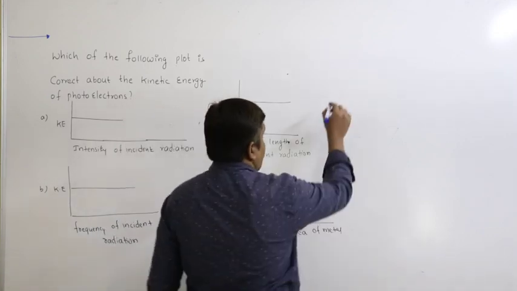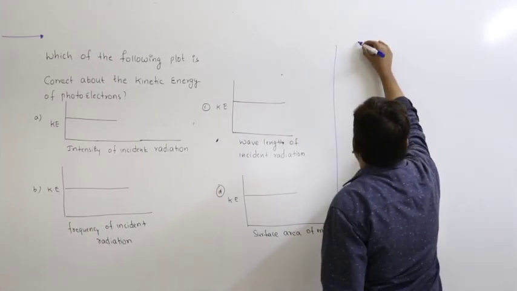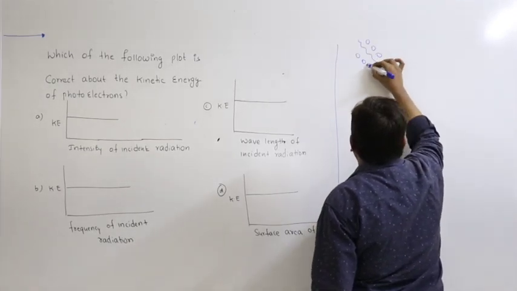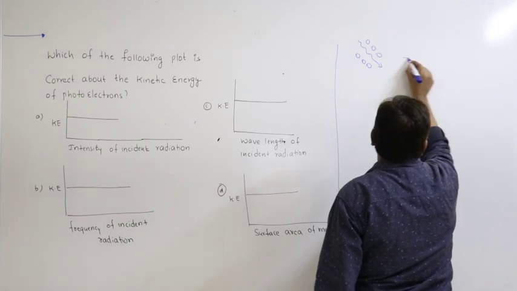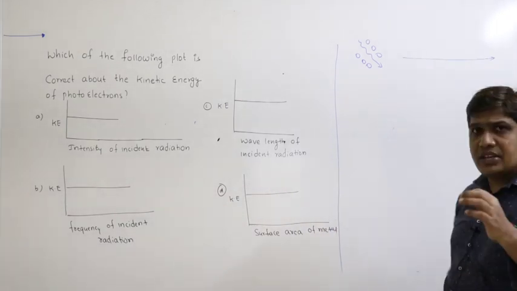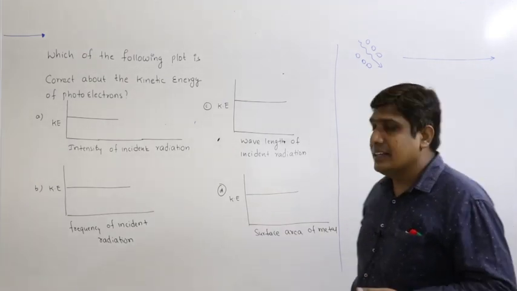In the last class what we have studied is, when you increase intensity of incident radiation, what do you mean by increasing the intensity?